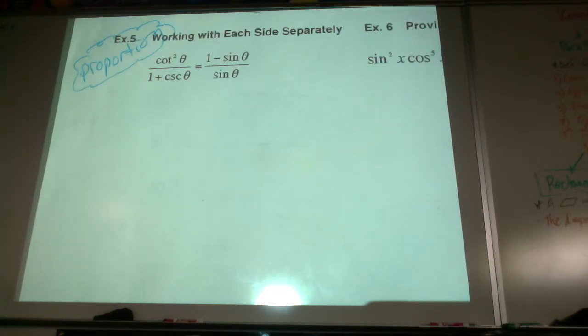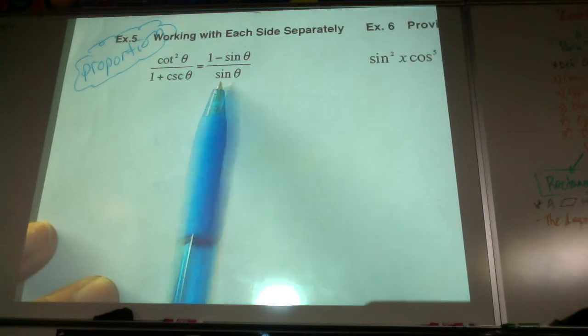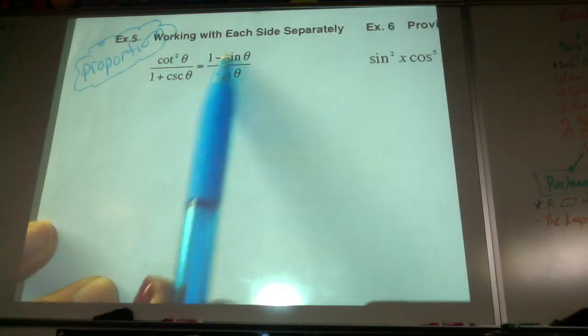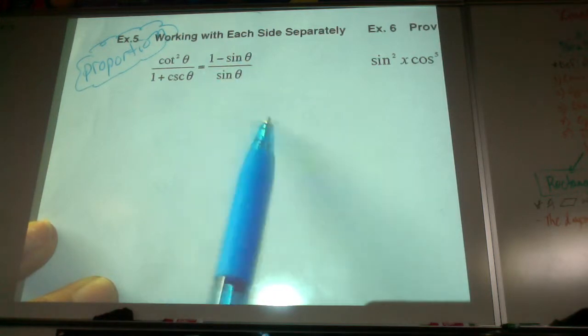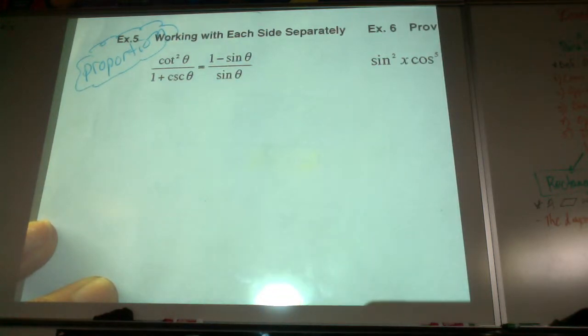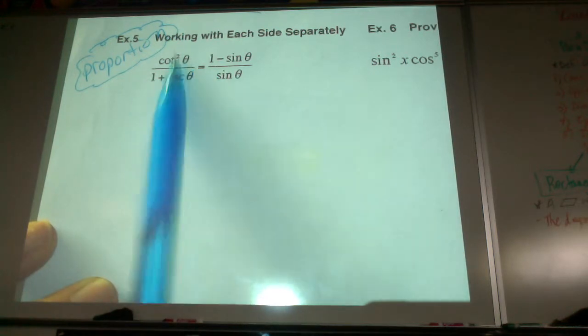So instead, I might look at each side differently. Notice here how I have a monomial in the denominator. Couldn't I break apart this fraction like we did in example 4, halfway down, break apart this into 2 different fractions? It's a possibility, it's a thought. That means I'd have to break this into 2 different fractions, but I can't yet.